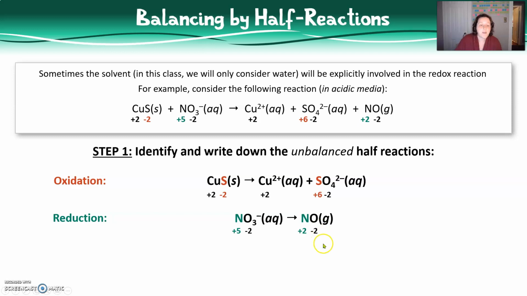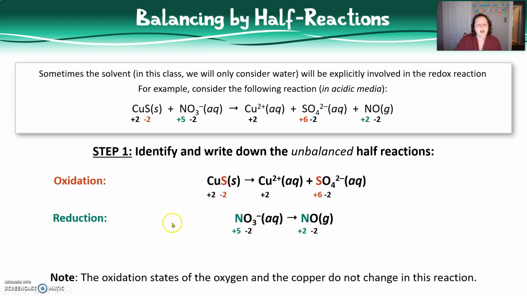And those are the only chemical species that are needed to account for all atoms in the reactant, nitrate, that is being reduced. Finally, note that the oxidation states of the oxygen and copper do not change in this reaction, and it will often be the case that several atoms retain their same oxidation states when we have more complex redox reactions like this one with a lot of atoms that are involved.